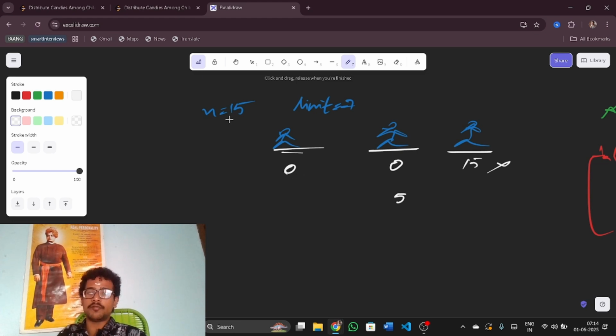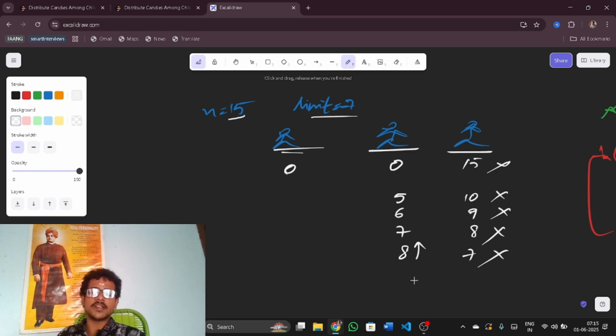I have given only 0 candies, so I have remaining 15 candies. Then 10, 6 and then 9, these are not possible. Why? Because 9 and 10 are greater than the limit, which is given as 7. Now if I give 7 and here 8, this is also not possible because 8 is greater than 7. And 8 and 7, also not possible. And 9 and then 6, this is also not possible.